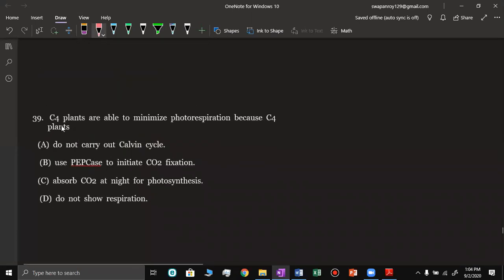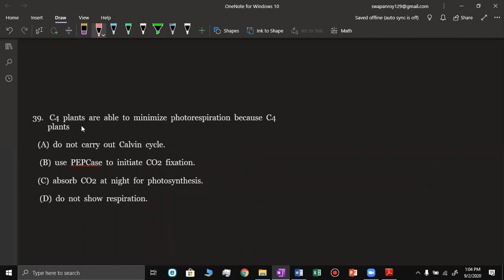Next, 39. C4 plants are able to minimize photorespiration, because we have already learned that in C4 plants photorespiration is almost nil, and photorespiration takes place in C3 plants.